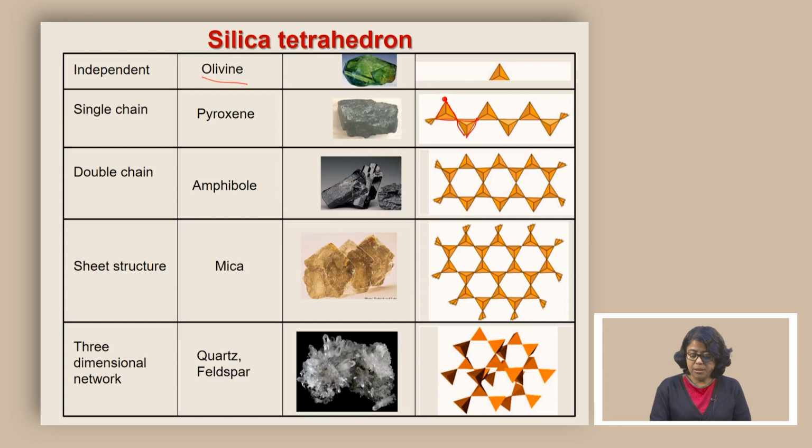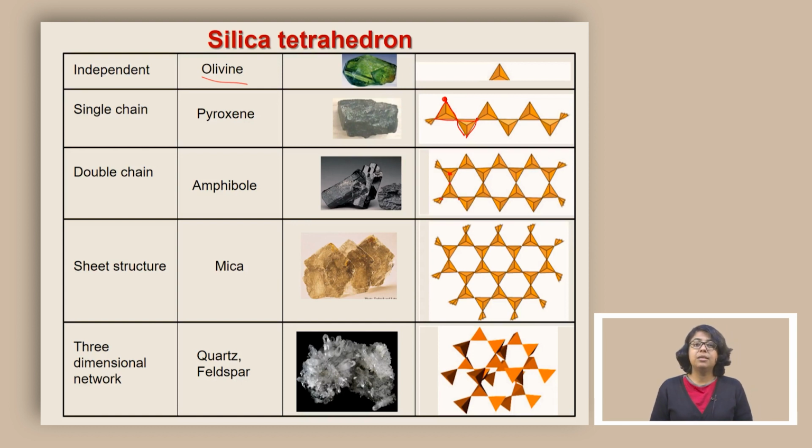This can be repeated where both ends of the silica tetrahedra are balanced by other silica tetrahedra, except the top part which can be taken up by other metal ions.